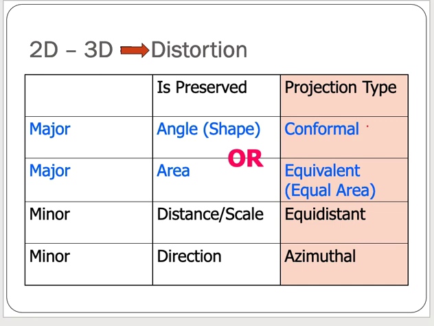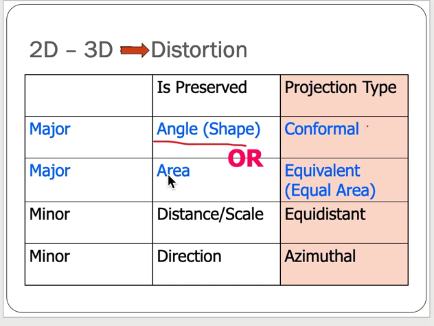And another thing I want to talk about is that there are major and minor distortions. So for a major distortion, you could have the angle or shape preserved, but when you have the angle or shape preserved, you will be distorting the area or the size.